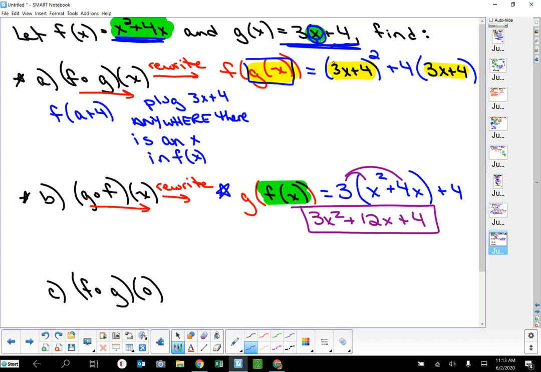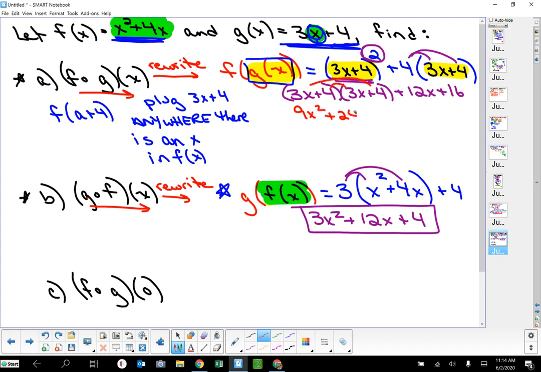Now this guy up here, remember that an exponent on a quantity means that there's that many of that quantity. I'm going to distribute here. So when I do that distribution, I get 9x squared, 12x, and 12x is 24x, plus 16. Bring down the 12x plus another 16.